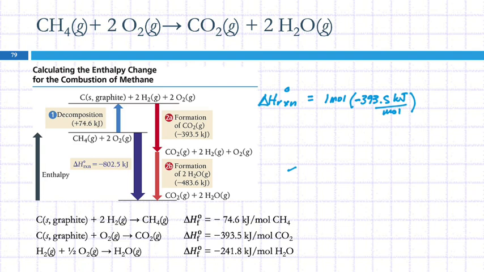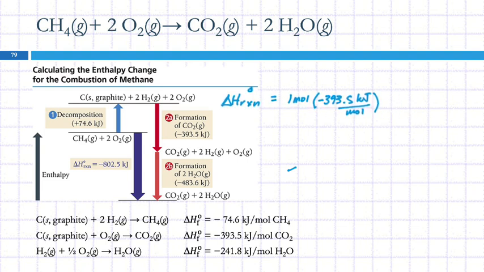I'm adding up for all the products. So there's carbon dioxide, and then I've got 2 moles of water: 2 moles times the heat of formation of water, negative 241.8 kilojoules per mole.